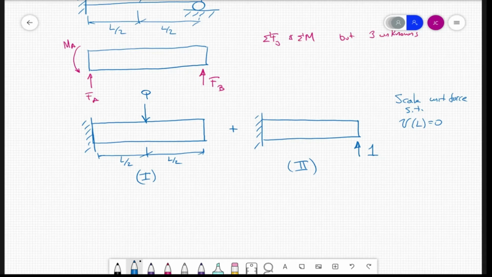I don't think you guys will be too challenged by that. And in this case, the deflection at the tip, the deflection at x equal to L, that's the max deflection. From the table, this is minus 5PL cubed over 48EI.